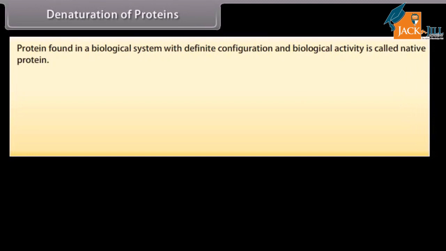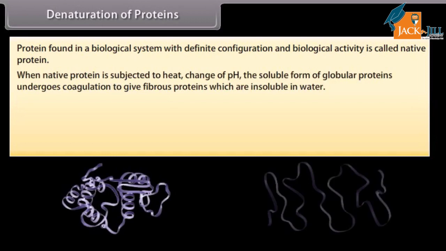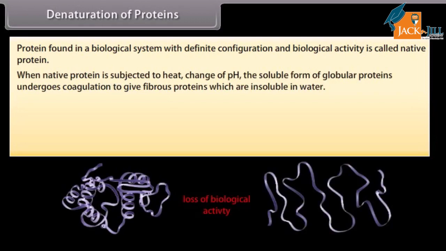Denaturation of proteins. Protein found in a biological system with definite configuration and biological activity is called native protein. When native protein is subjected to heat or change of pH, the soluble form of globular proteins undergoes coagulation to give fibrous proteins which are insoluble in water.